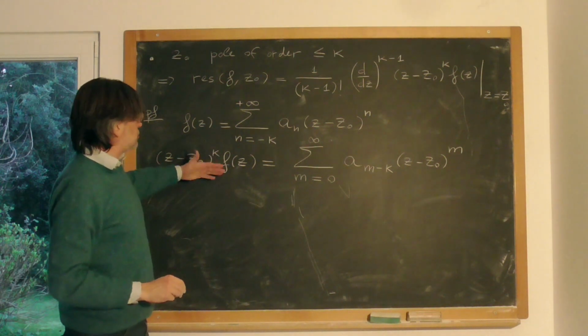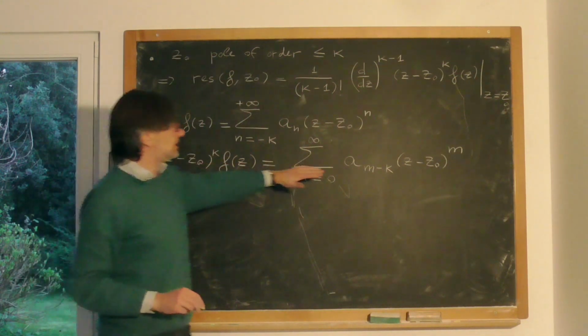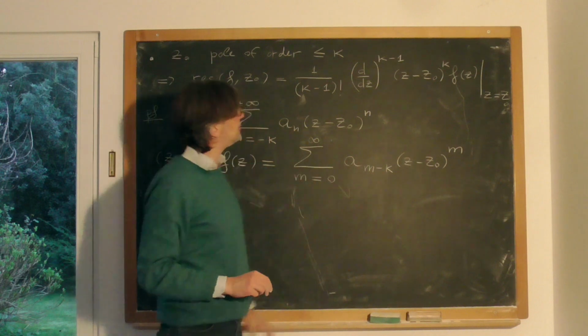So this is as it should be, since the pole was of order less or equal than k, this is now the sum of a genuine power series.